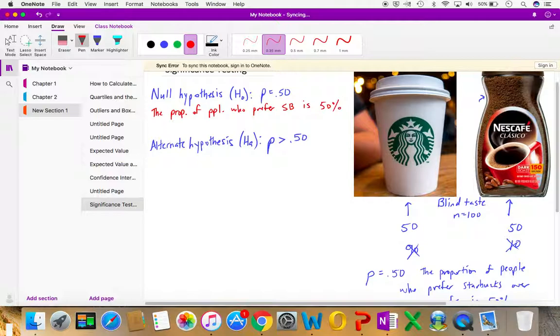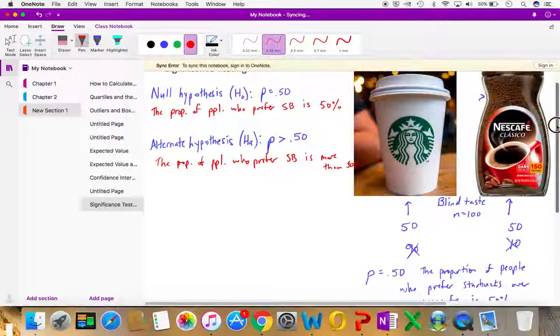Okay, again, as the cynic, my alternate hypothesis is the proportion of people who prefer Starbucks is more than 50%.